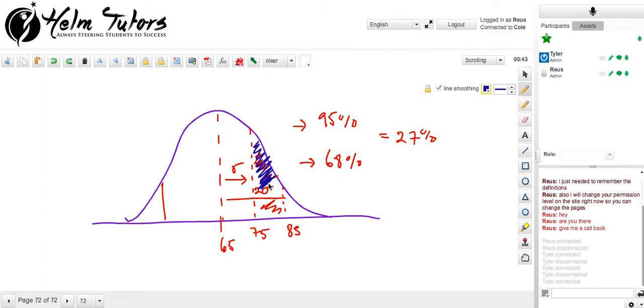There's one little bit that we have to do. Is it because we have to divide by two? I'll tell you that. Why? Because when we say 95% or 68%, we're saying on either side of the mean.